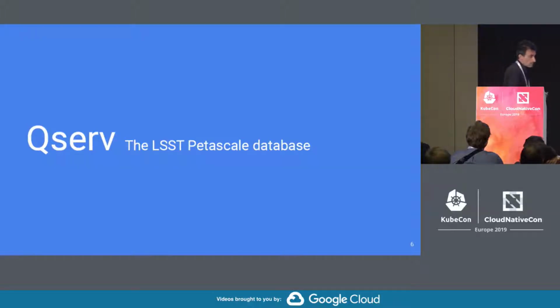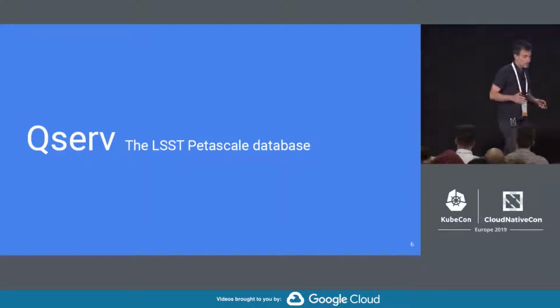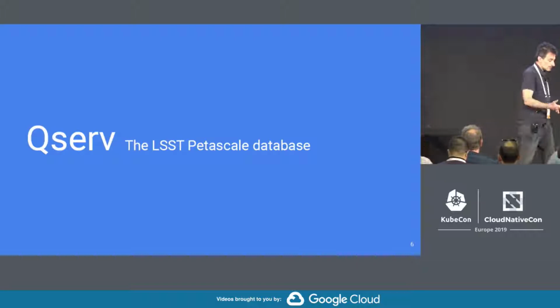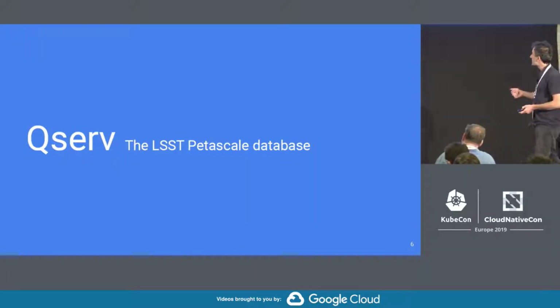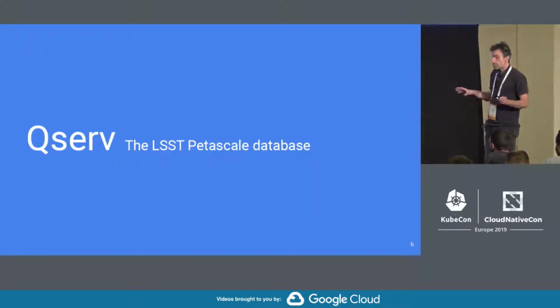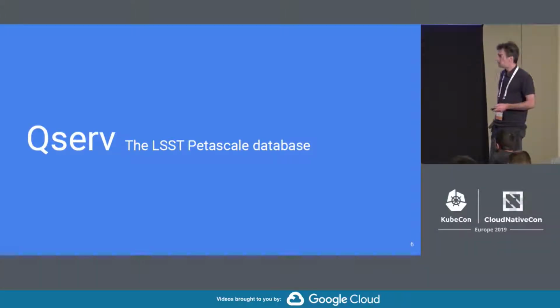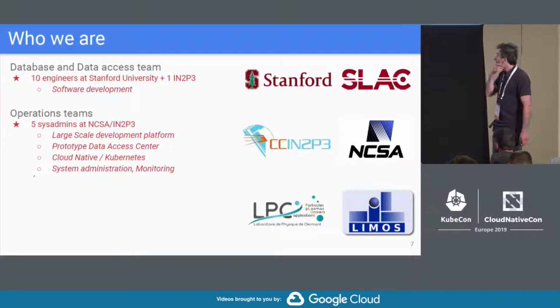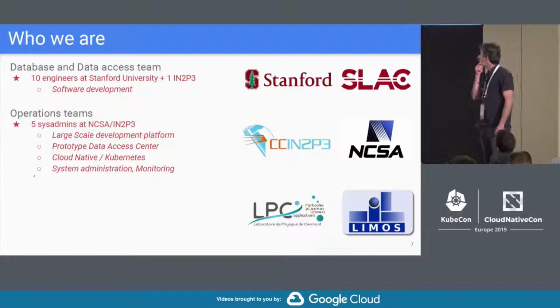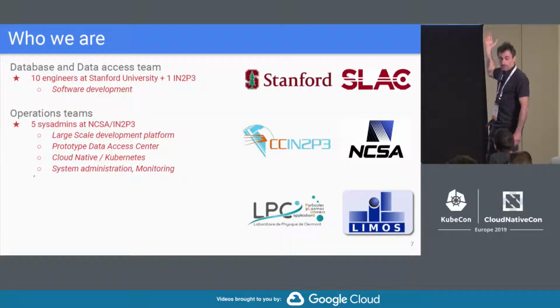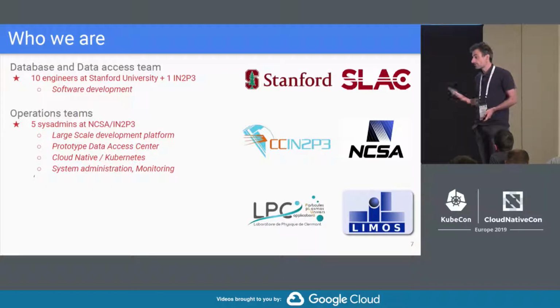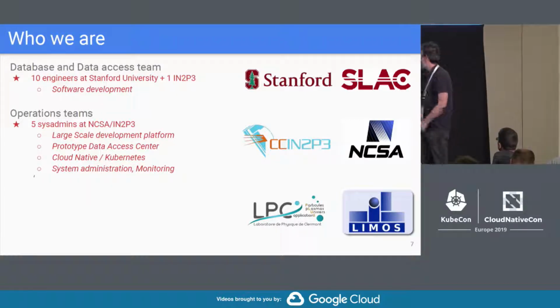So now I will focus on one of the main products of the data access component for LSST, which is the petascale database for storing the catalog. This database is built at Stanford University, SLAC, the Linear Accelerator Center, by 10 engineers, and also by myself, which is in France, because France contributes 5% of the budget to this project.